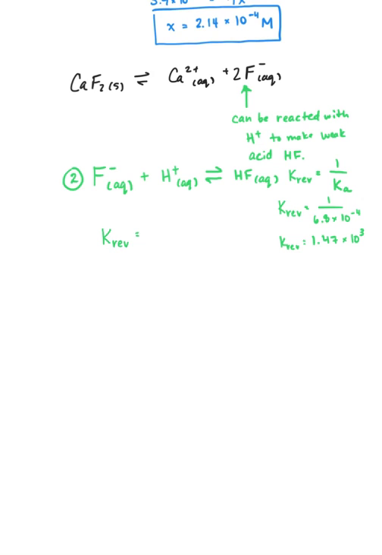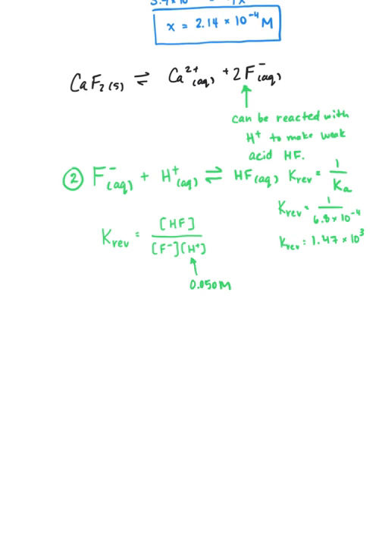The expression looks like the concentration of HF divided by the concentration of fluoride and the concentration of H plus at equilibrium. As a good approximation, since we're dealing with a strong acid, we know that the concentration of H plus is 0.05 molar.